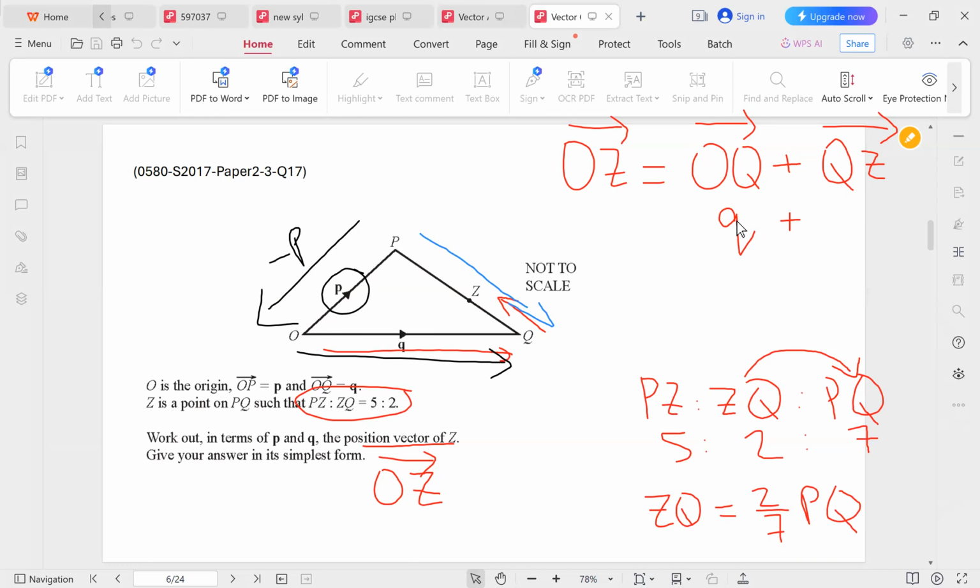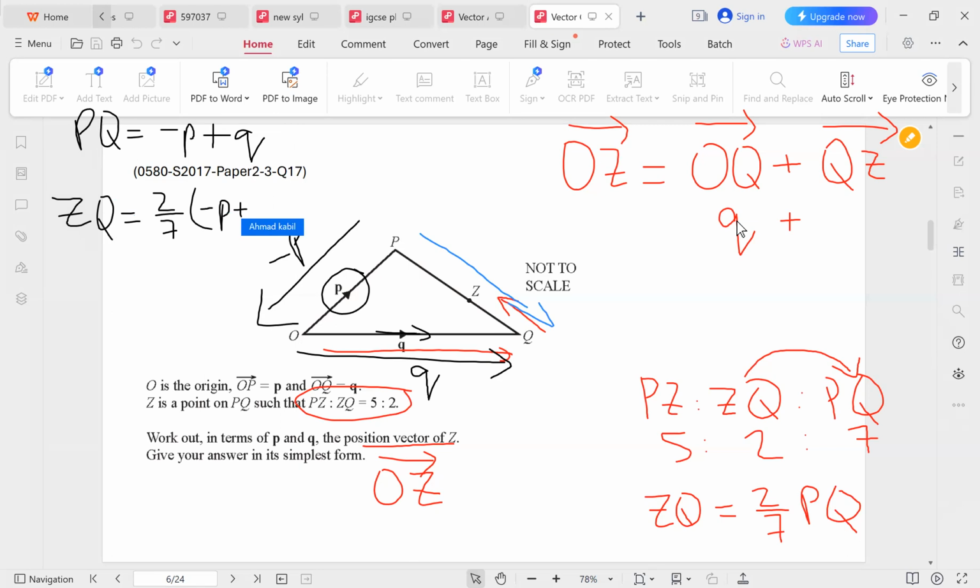And then this would be positive Q because it's in the same direction as Q. So we can write vector PQ as negative P plus Q. And therefore, ZQ would be 2 over 7 times negative P plus Q. And this would equal negative 2 over 7P plus 2 over 7Q.